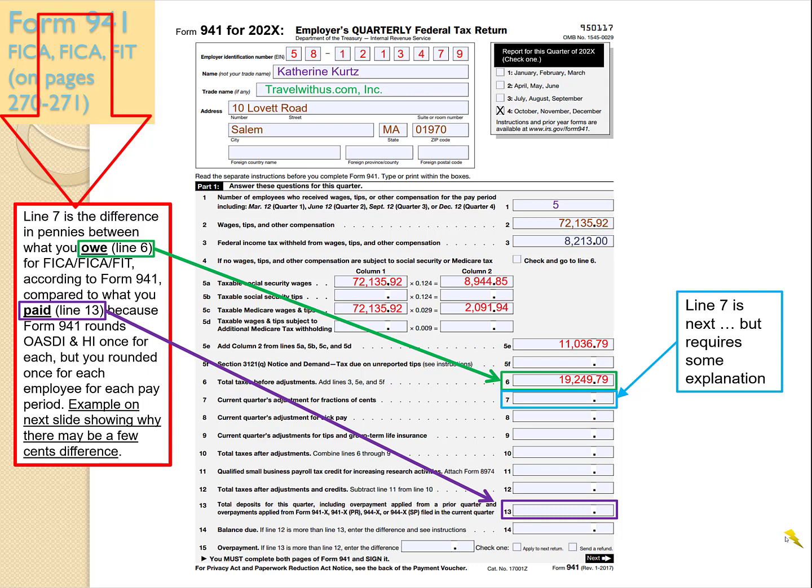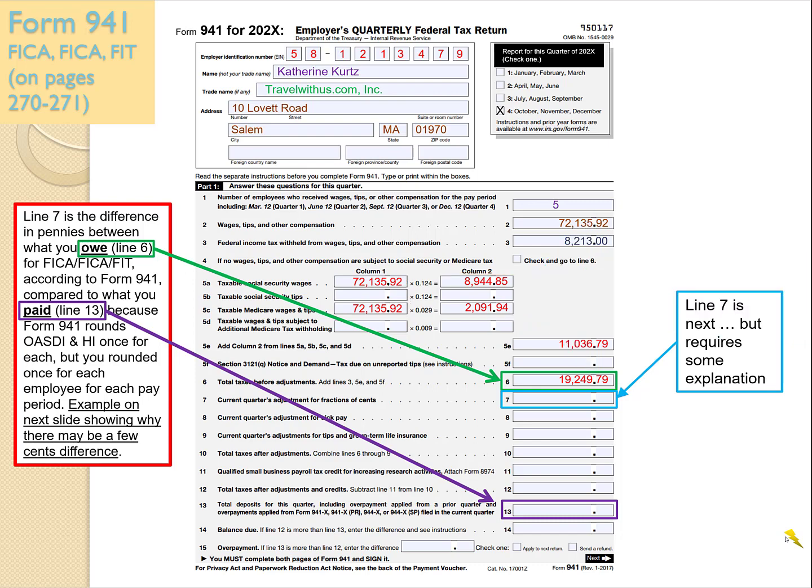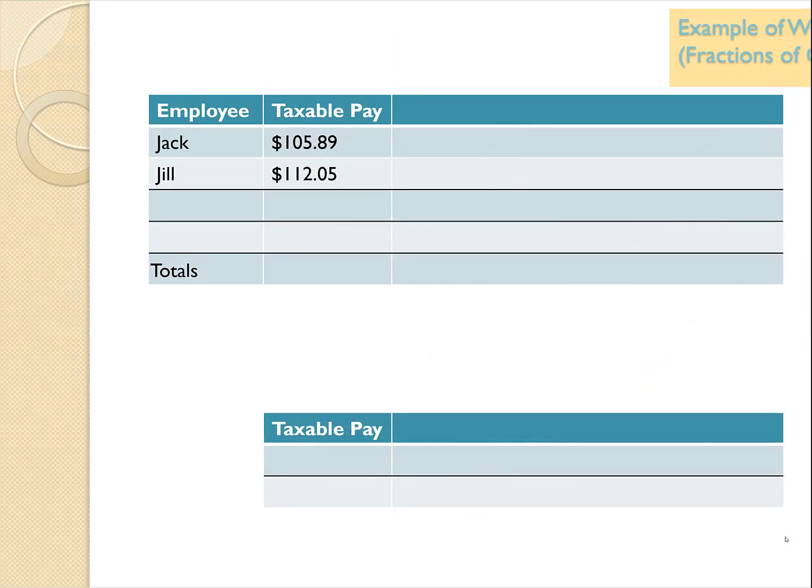Because Form 941 rounds OSTI and HI, Social Security and Medicare, once for each on this form. But when we calculated it during the quarter, we rounded once for each employee for each pay period, and that was once for OSTI and once for HI. So on the next slide, we're going to have an example showing you why there might be a few cents difference, all due to rounding.